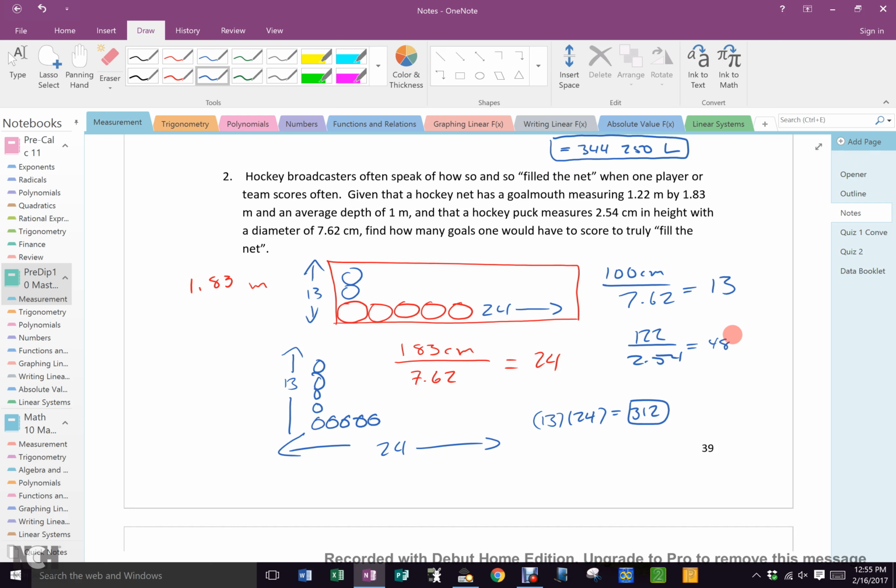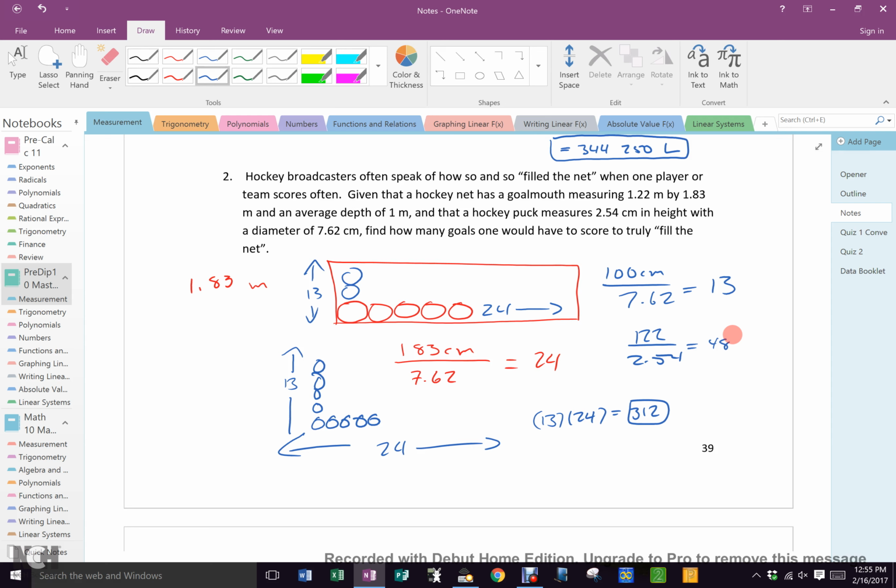If I can fit 48 pucks up and down, that means this whole bottom, which is 312, is going to stack how many times high? 48 times. The net is 1.22 meters tall, which is 122 centimeters. Now, I divide by the height of the puck, and I know I can get 48 of them upwards.